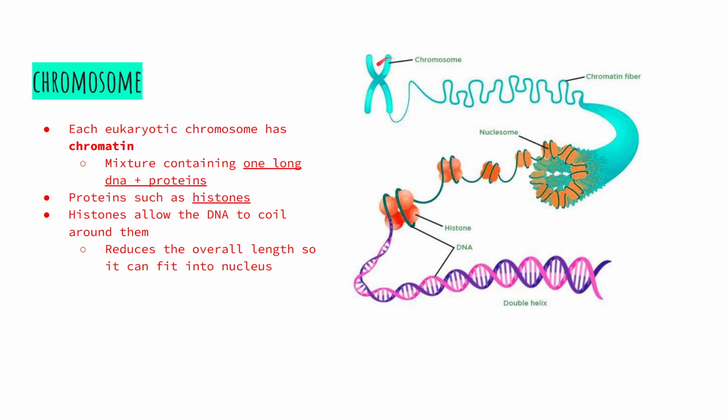So, we start off with our chromosome, which is highly condensed. If we start to unwind that strand from the chromosome, we get our chromatin fiber. This is still lots and lots of DNA that has been wound together, but the way it is wound is with proteins. So if we go down, we can start to see the structure of the chromatin fiber.